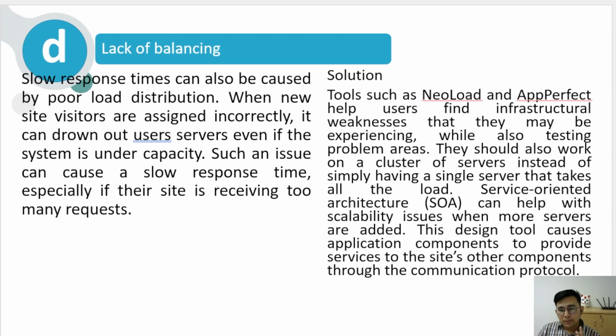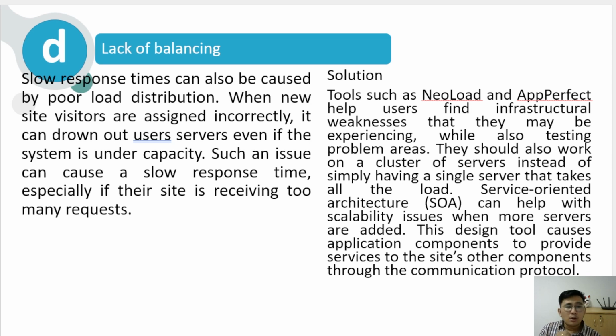So we also have the problem we call lack of balancing. Lack of balancing is what we call slow response times, which are caused by poor load distribution. This usually happens when we are going with cloud technology, because sometimes with bad management of cloud technology, the distribution of our workloads or of our web-based technology would become slow in terms of response time.